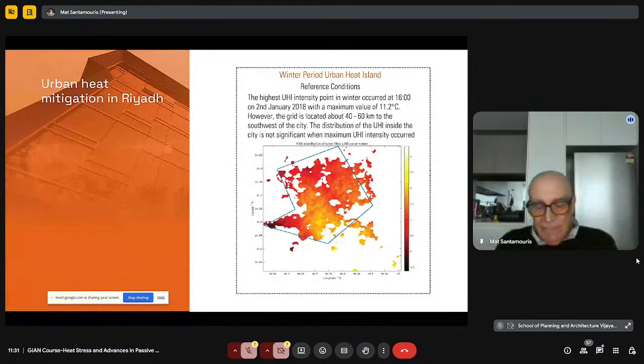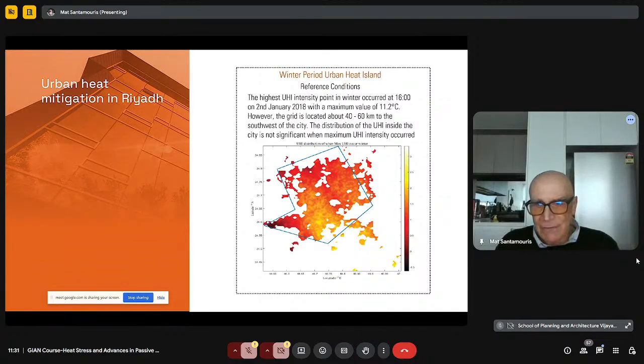But in a city, we don't only have to calculate and assess what is happening during the summer period. It is very important to understand what is happening also during the whole year, and mainly during the winter period.